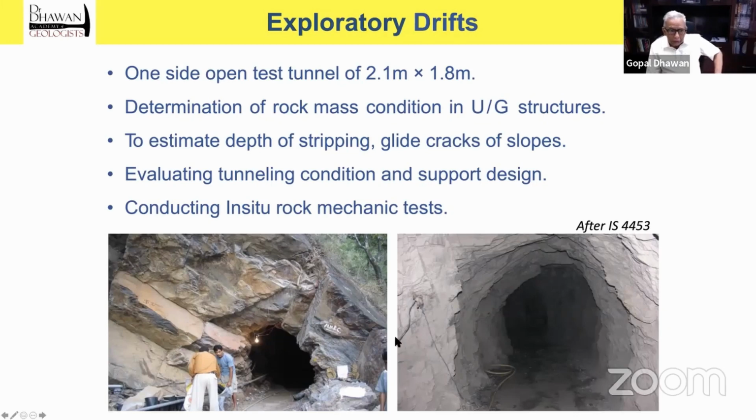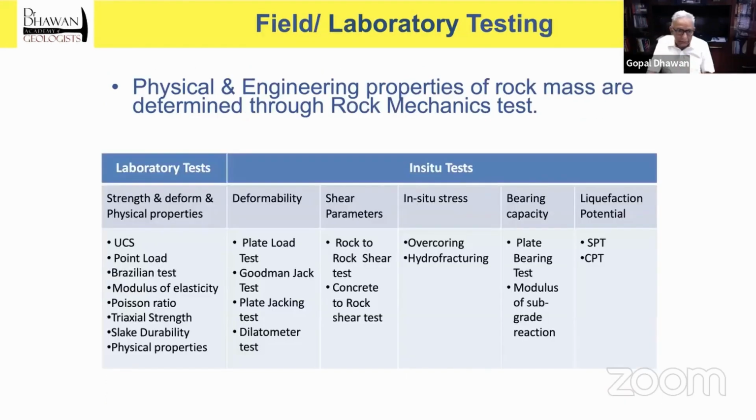These are very useful for determination of rock mass conditions, estimating depth of stripping, glide cracks, slump areas, and evaluating the tunneling condition and the support design. These are very useful for in situ rock mechanic testing, particularly shear parameters and rock stress parameters.